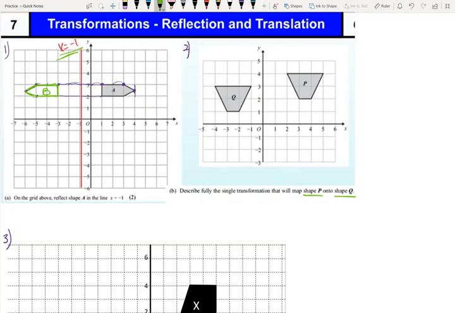First you have to notice that this is not a reflection, because shape P was displaced in a manner that it's 1 unit down from shape P. Because if it was a reflection, you would have it on the same level, and the reflection of P would be on the same level.